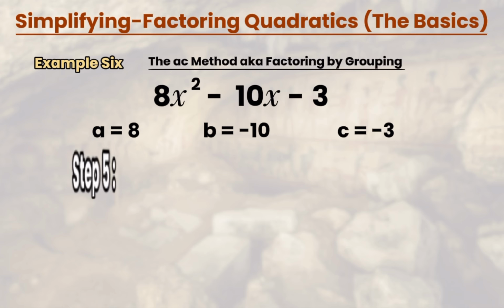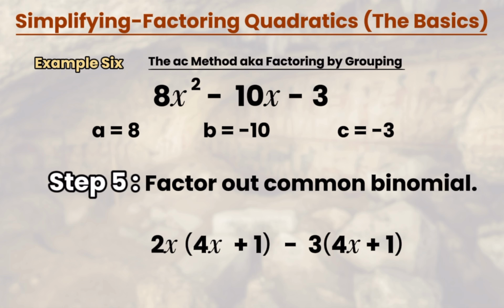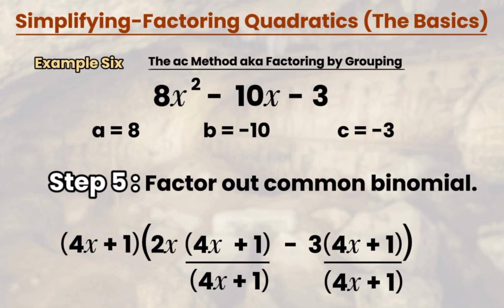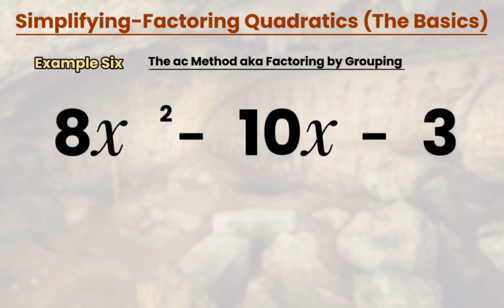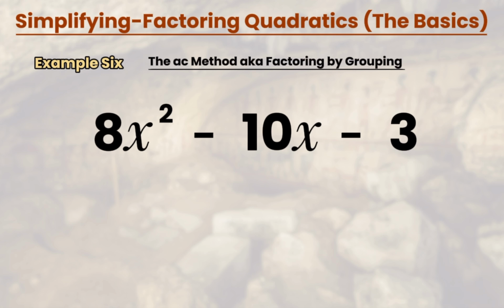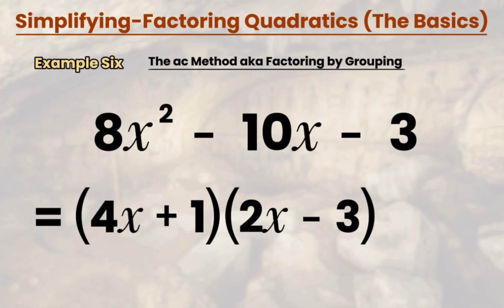Step 5, the last thing to do is factor out that common binomial. Factor it out, and then voila! The expression now factored is 4x plus 1 times 2x minus 3.